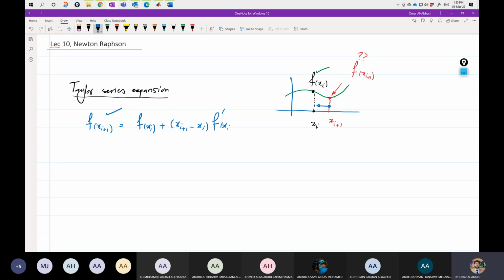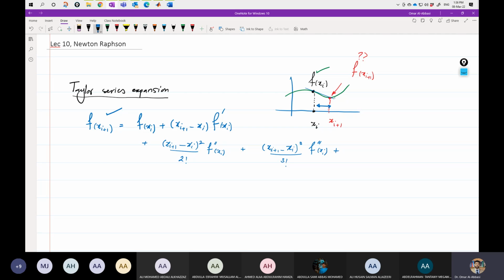So basically that is the first derivative, the slope over there, plus the same distance squared divided by 2 factorial multiplied by f double prime at xi, okay? Plus the same distance to the power 3 over 3 factorial multiplied by f triple prime, okay?